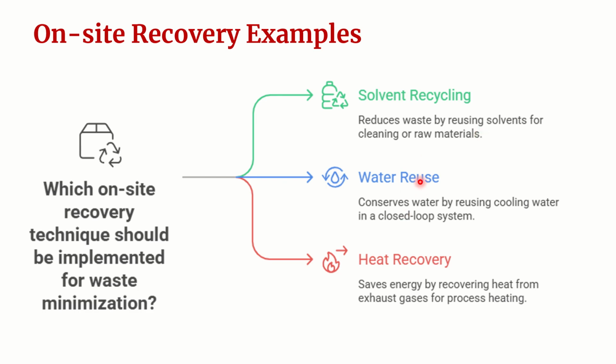Then reusing rejected product or off specification batches as raw material in subsequent production runs. Then recovering heat from exhaust gases for process heating, then on-site composting of organic waste. So these are certain examples for on-site recovery.